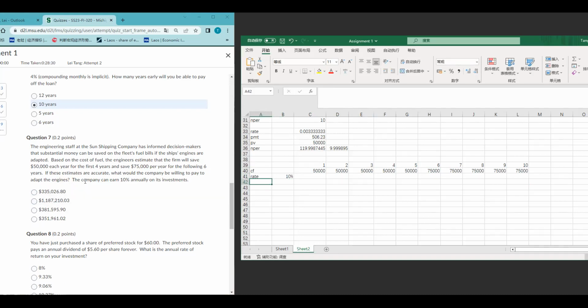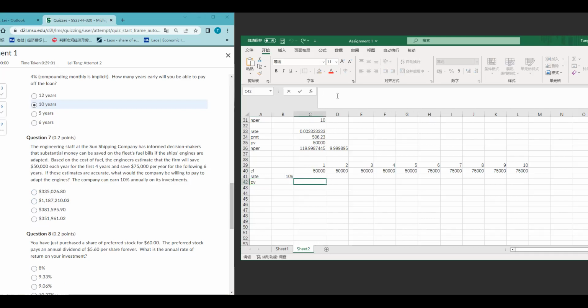So for this question right now, we need to spend money to adapt to change the new engine right now, right? So those savings are happening in the future, but right now we need to spend money for the investment. So we need to find out the present value for those saving money in the future right now.